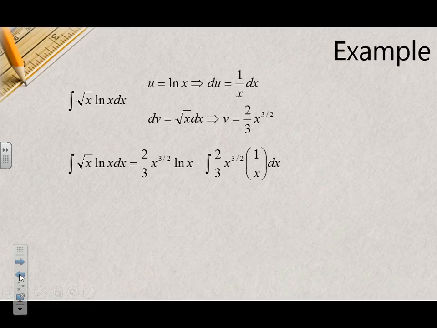Our second term, now we're going to have to do a little work on. So we can simplify this a little bit to make this easier to integrate. We can move the 2/3 out front. And if I take x to the 3/2 times 1 over x, that's just going to reduce down to x to the 1/2.